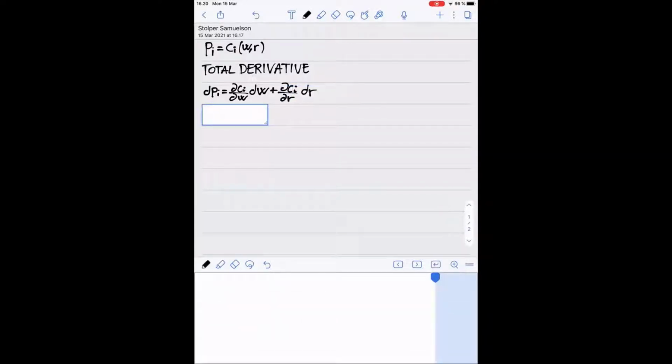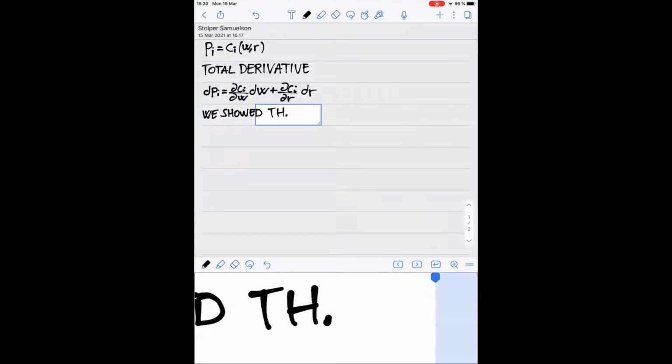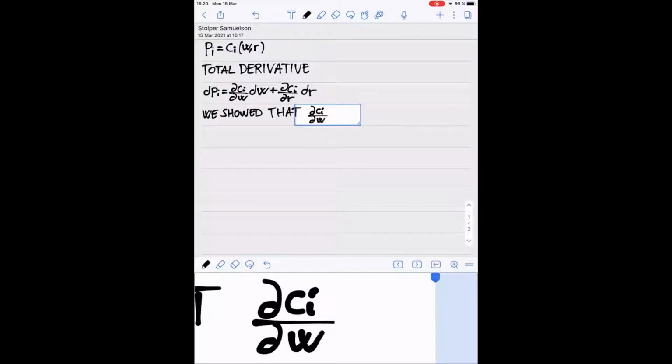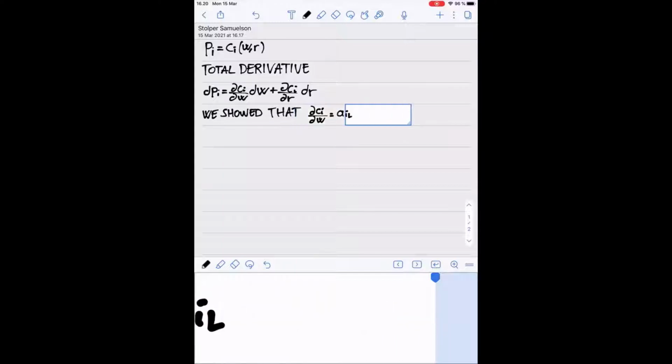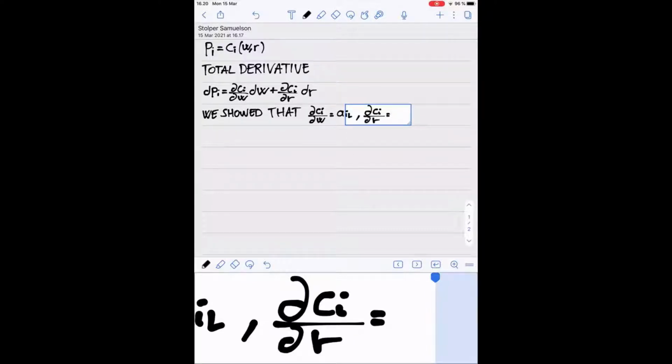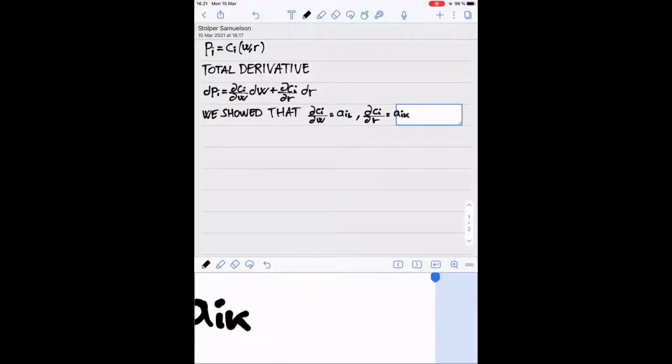Now, recall that we showed before that the partial derivative of Ci with respect to the wage was just equal to the unit labor requirement, and that the partial derivative of Ci with respect to the rental on capital was equal to the unit capital requirement.